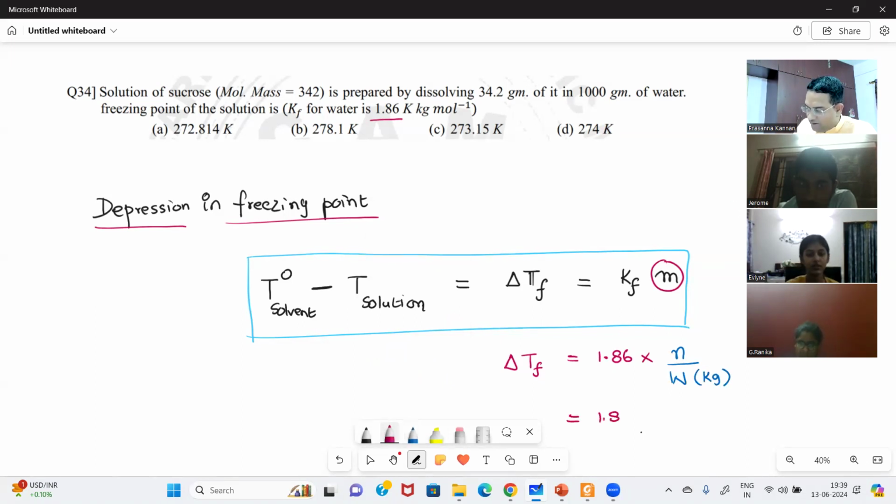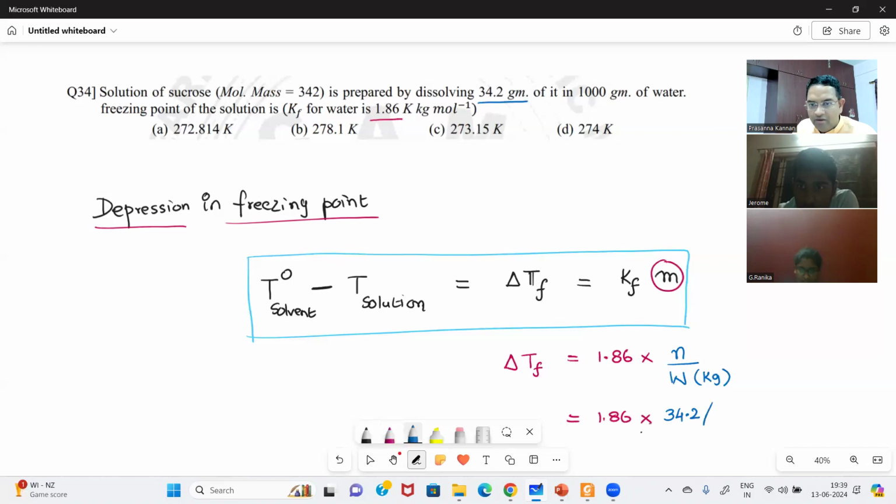So that is 1.86 multiplied by the number of moles: weight of the solute by molecular mass. Weight of the solute is 34.2 gram, divided by molecular mass, 342 for sucrose. And what is the mass of solvent? 1 kg. It is given 1000 grams, which is 1 kg.